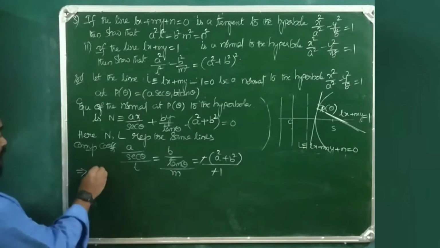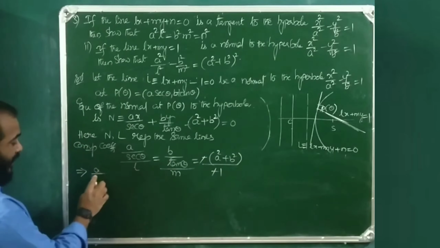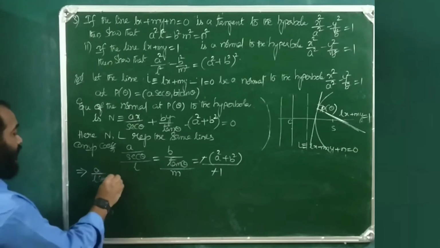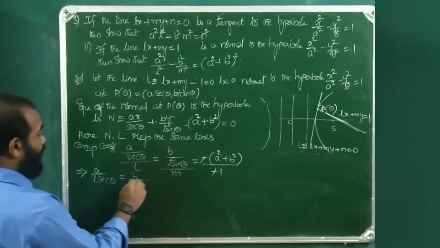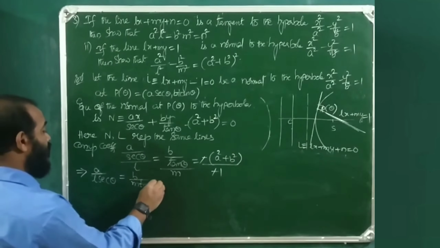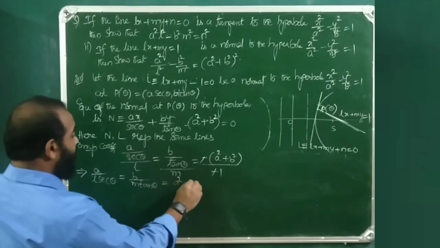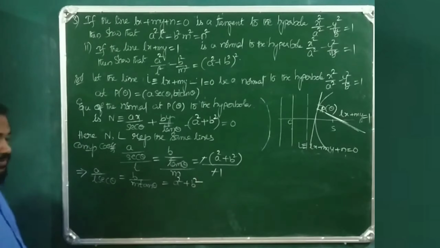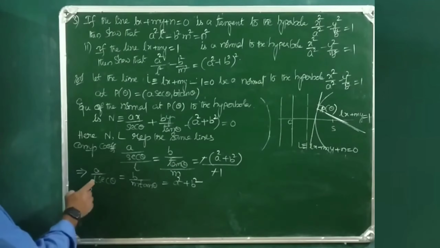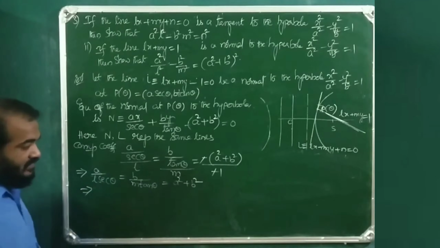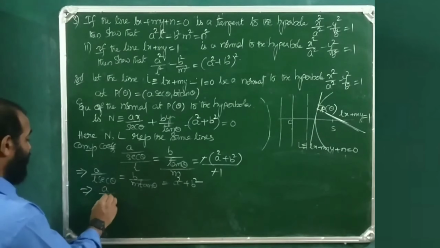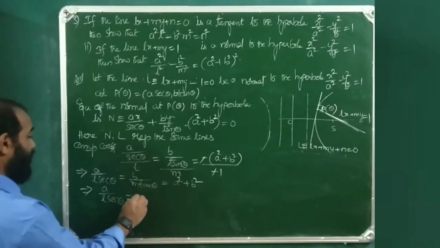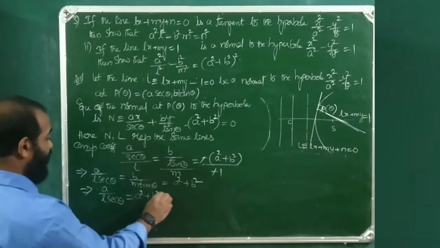So this is a by secant theta by L. So a by L secant theta, b by m tan theta is equal to a square plus b square. So from this, comparing first and this, we'll get a by L secant theta is equal to a square plus b square.